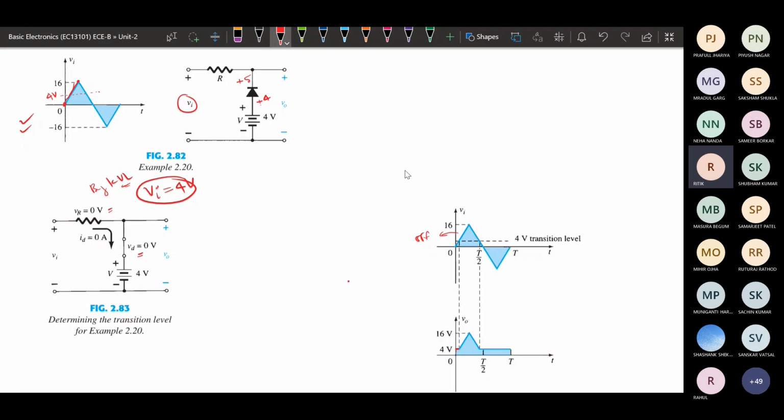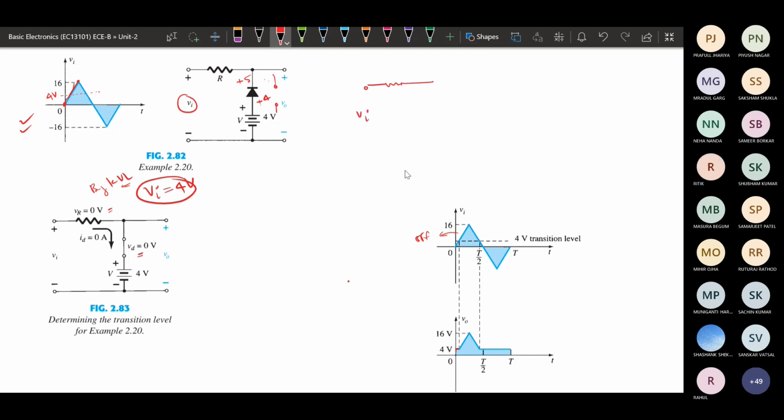If the diode is off, that means it is open circuit. If it is open circuit, there will be no current flowing, and this voltage that we have applied will not be affecting the output because it is open circuit. So this output is now directly connected to this input itself. In case of the off state, we can just see the circuit.